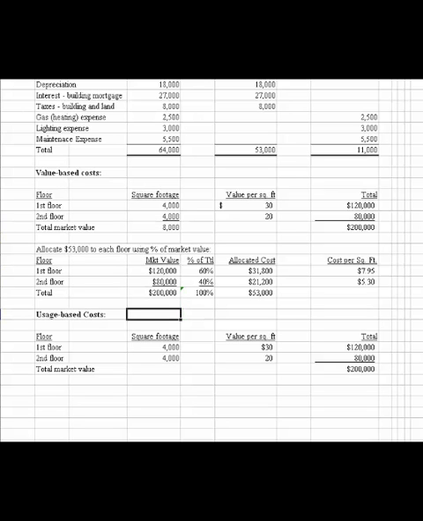Now, the usage-based cost approach says, let's take the total amount of the usage-based cost, which is that 11,000 we computed previously, and let's divide it by the total square footage. The idea is we're not separating a value approach and determining how we're going to allocate gas, lighting, and maintenance.